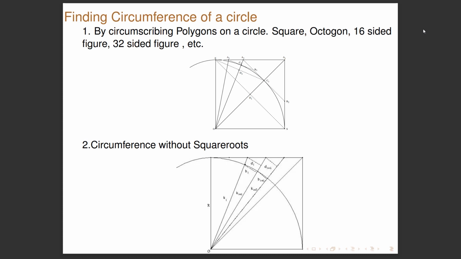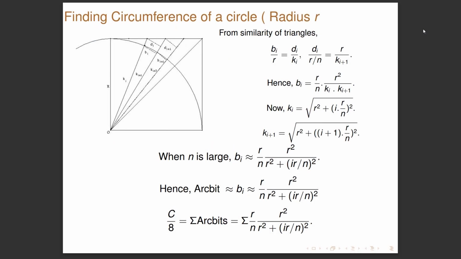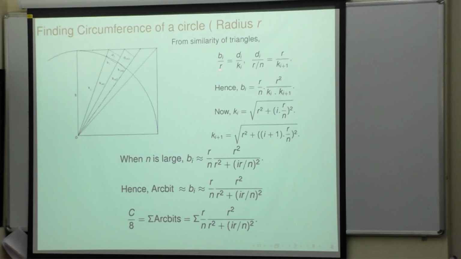Initially, the arc bits will be essentially equal to the portions, but afterwards they diverge. Now he takes this triangle, and this other triangle is similar to it, so you get this.